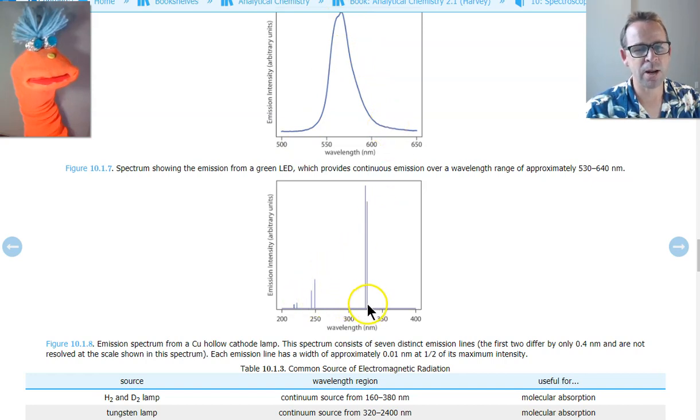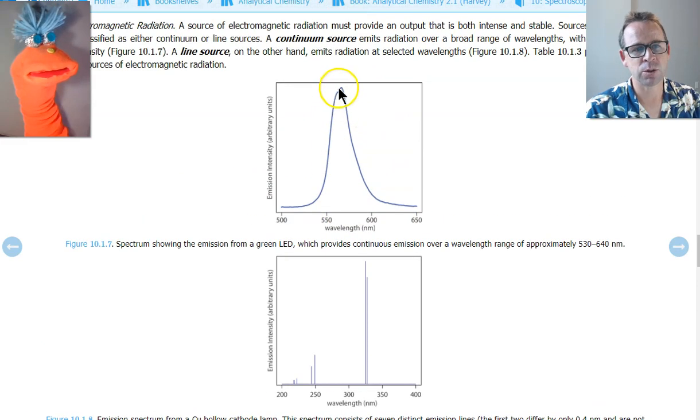Here we have a very narrow bandwidth, and it's better when our bandwidths are narrow, because if you had a very wide bandwidth and there was another chemical that was absorbing in there, like this looks like it's almost two chemicals there.